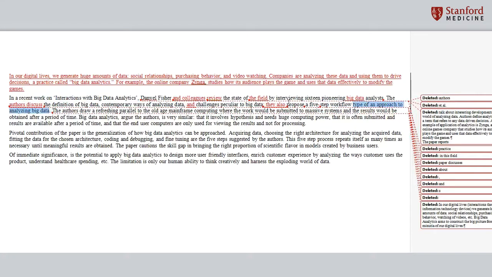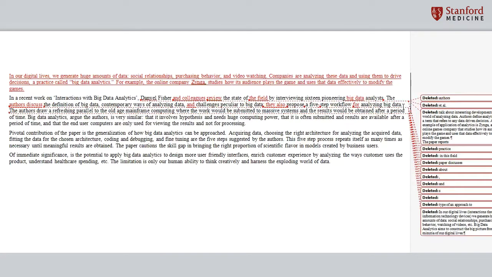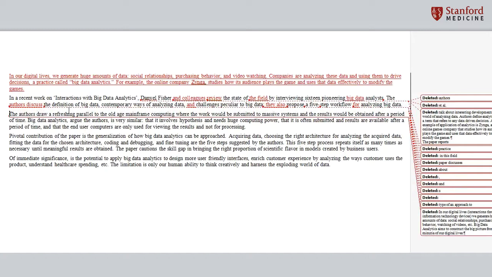So we just say they propose a 5-step workflow for analyzing big data. We don't need the type of approach to, right? And I'm actually going to end that paragraph right there. So this gives us an overview of what this review article accomplishes. They discuss things like the definition, the challenges, things like that, and they propose a 5-step workflow.